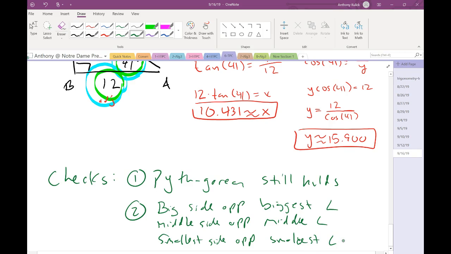That second check is that the biggest side should be opposite the biggest angle. The middle side should be opposite the middle angle, and the smallest side should be opposite the smallest angle.